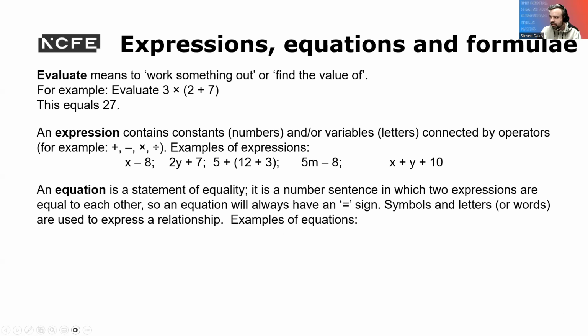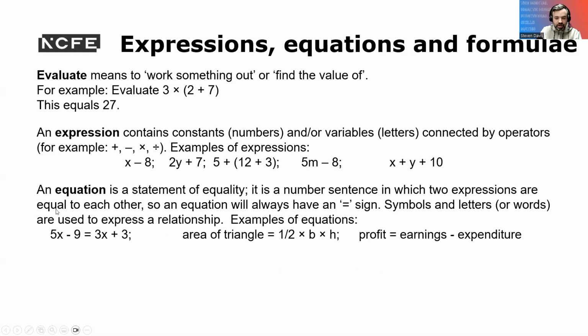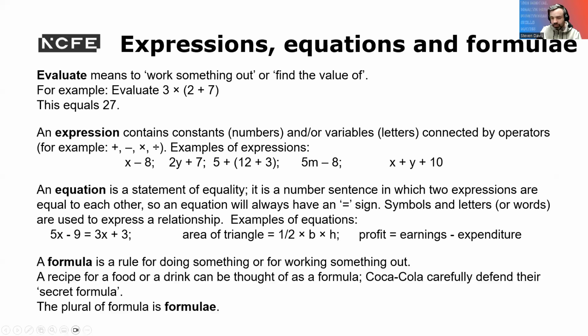Examples of equations: 5 times 9 minus 9 equals 3x plus 3, or area of a triangle equals half times base times height, or profit minus earnings equals expenditure.